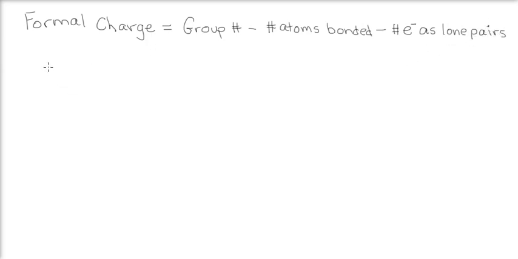Okay, so we'll do some very simple examples of very simple Lewis structures so that you can see how these formulas work. So the first thing we'll do is very simple. We'll do ammonia, which has this Lewis structure. We can do also carbon dioxide, which has this generic Lewis structure.